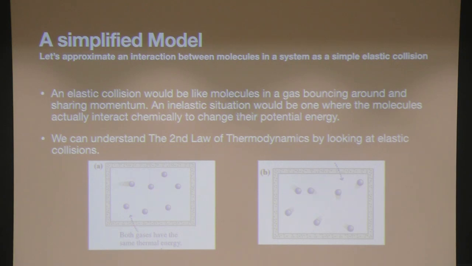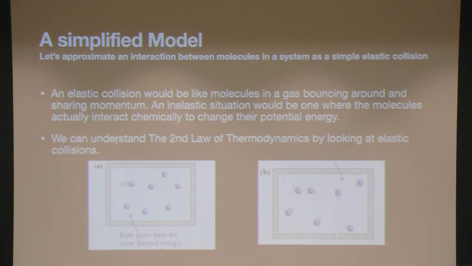An inelastic case would be where they actually interact chemically to change their potential energy. So if they interacted inelastically, it'd be like an oxygen molecule colliding with another oxygen molecule, and they also formed a new bond and become O2. We're going to ignore that for the time being, but it also is important for the second law.